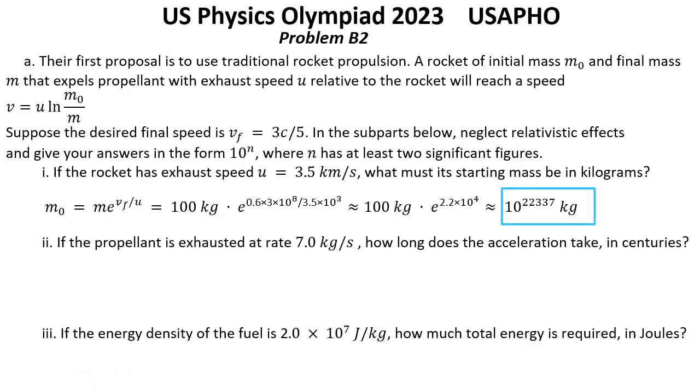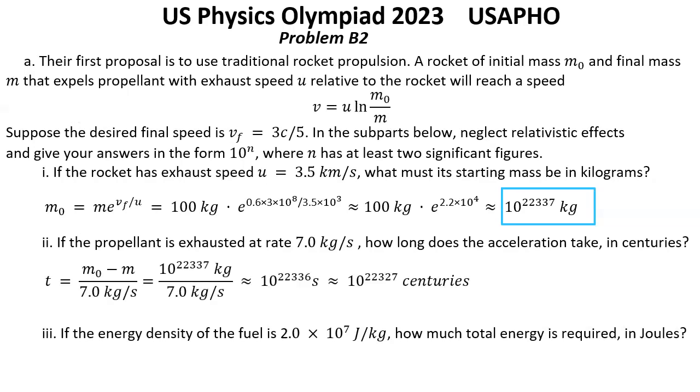So that's the answer for question 1. Question 2. If the propellant is exhausted at rate 7.0 kilograms per second, how long does the acceleration take in centuries? Solution. So here we can use formula time equal mass difference, which is m0 minus m, divided by exhaust rate, which is 7 kilograms per second.